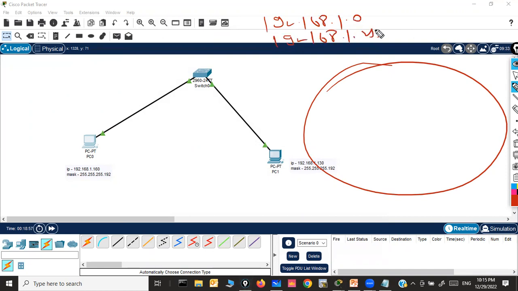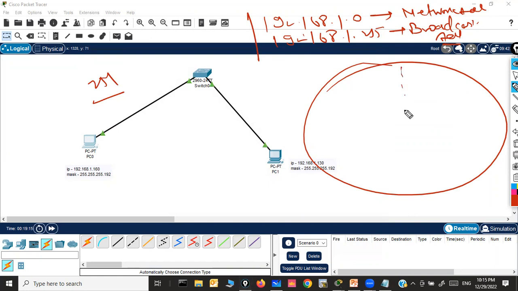Last address means 255. The first address, the network address, is reserved, and the last address, the broadcast address, is reserved. Before subnetting, only two were reserved and there were 254 valid IPs.